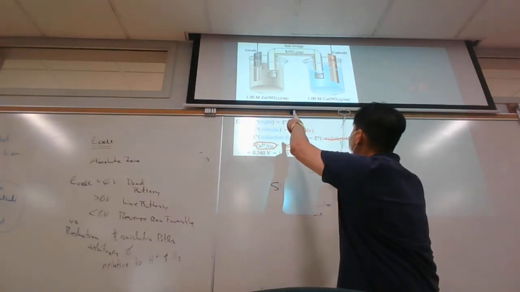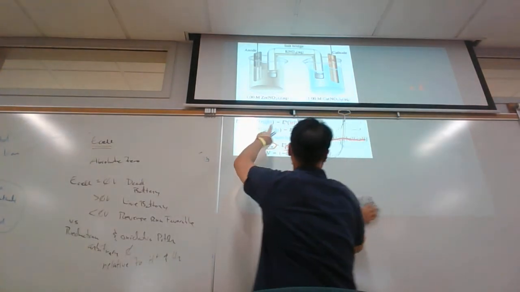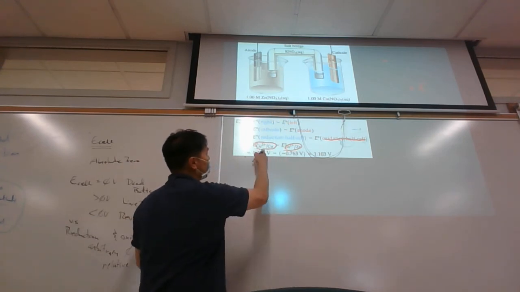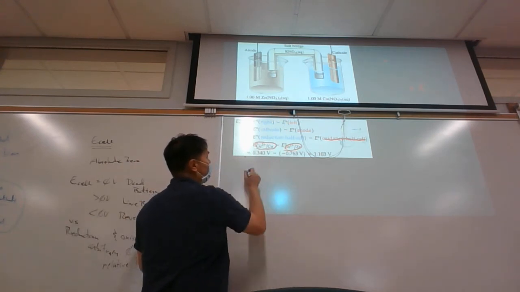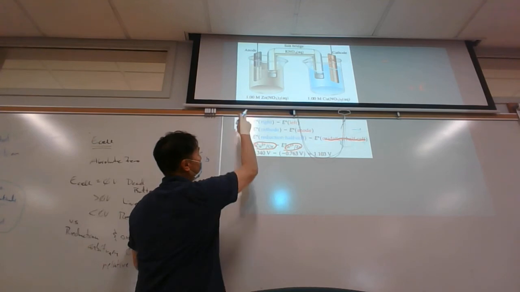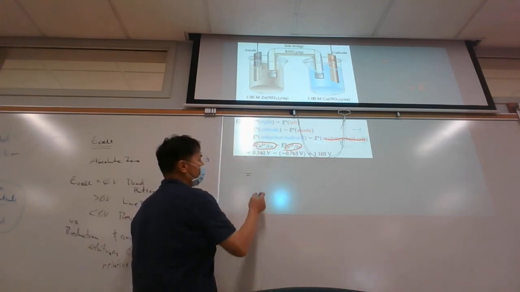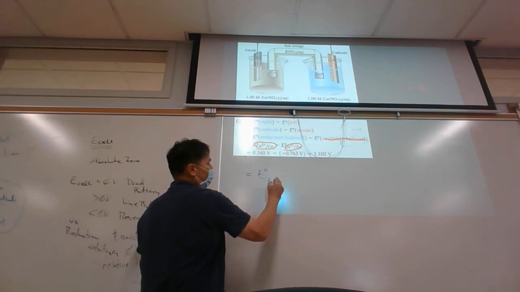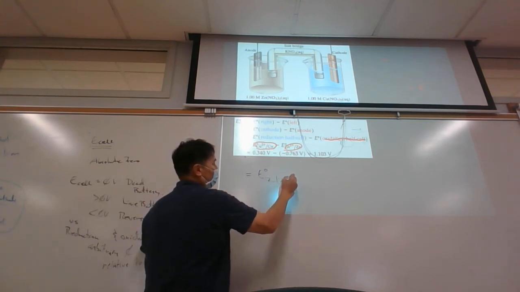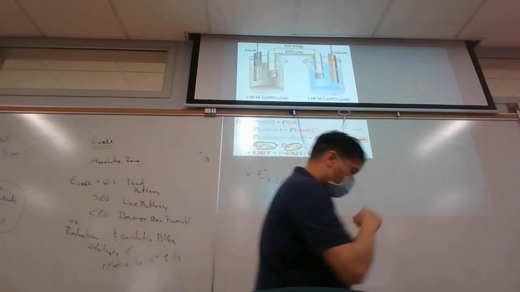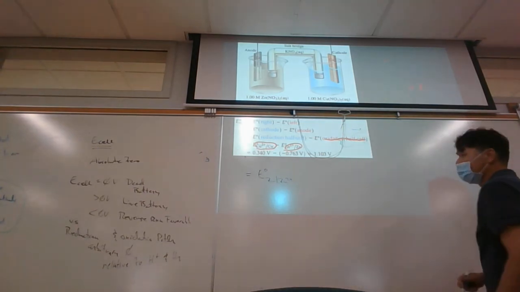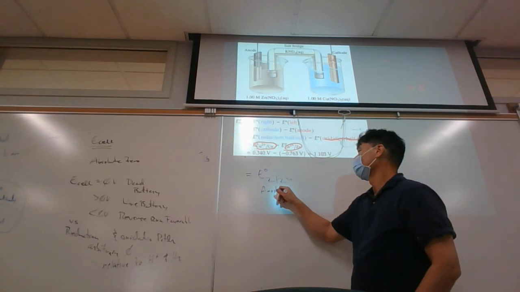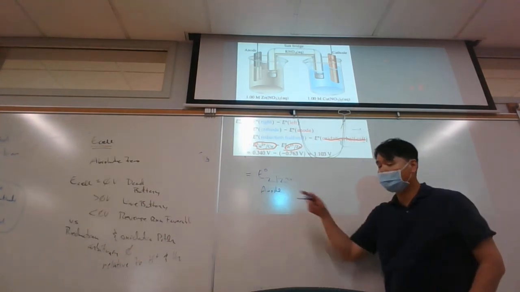If we look at this cell up here, copper 2 goes to copper metal. That's at the cathode. So this is fine. That's at the cathode. I like to write the anode first. And so the anode, what's happening at the anode? Zinc. Zinc is some of the best metal for anodes. And so this is the anode. And so what is the potential, the anode potential there?